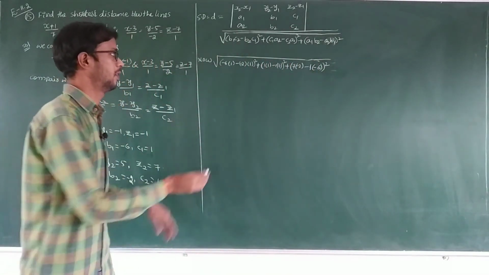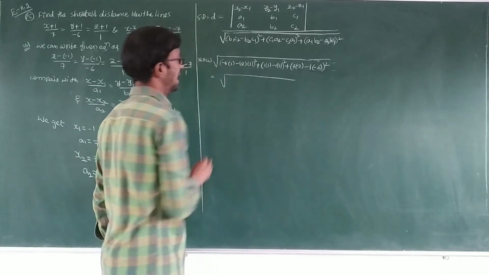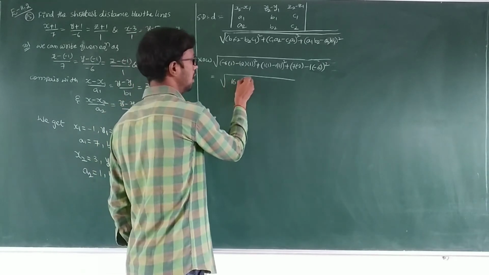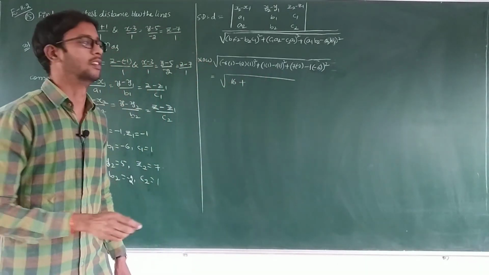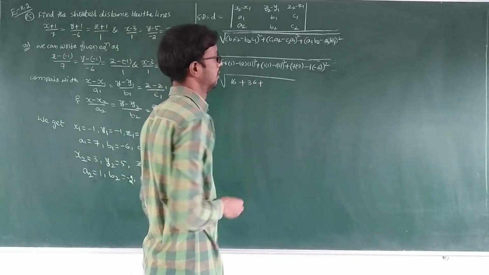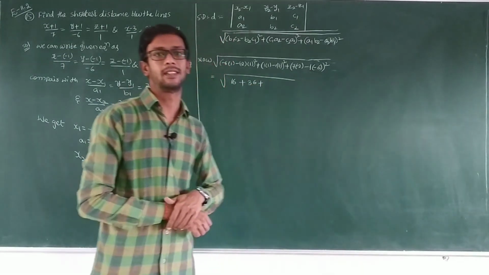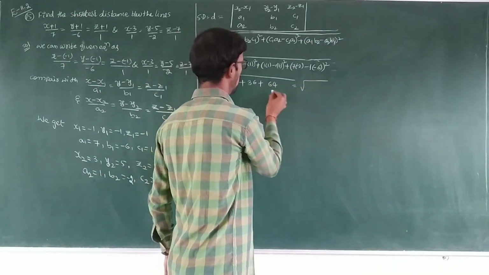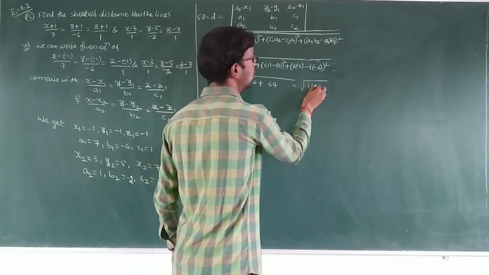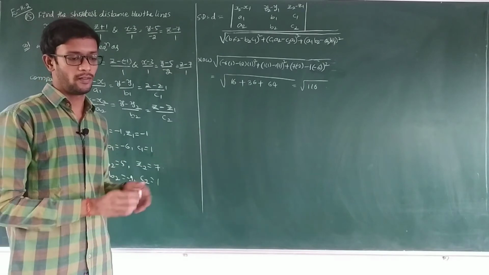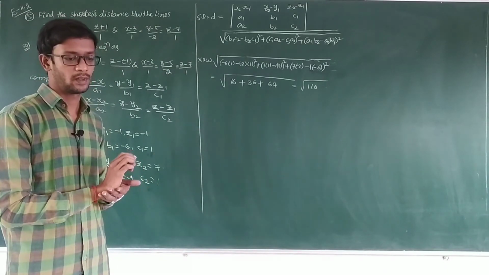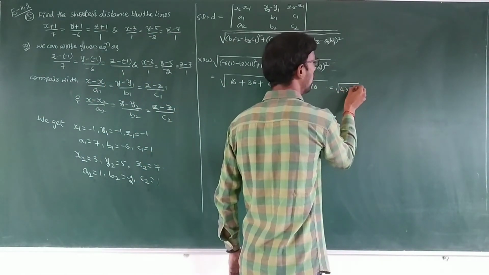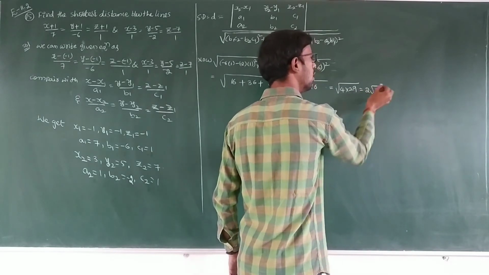So now you have to simplify this. Minus 6 plus 2 is minus 4, whole square is 16, plus 1 minus 7 is minus 6, 6 square is 36, plus minus 14 plus 6, that is minus 8, whole square is 64. Square root of this is 100, root 116. Root 116 we can write as 4 into 29, that is 2 root 29.